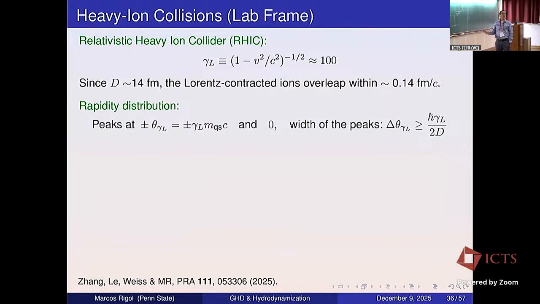And we can bound the width because we know the size, right? So we can use the uncertainty principle and say the size in position space-time, the uncertainty should be greater or equal to h bar over 2, right? D over gamma is the size. So we can bound this. That's all I'm going to put in the calculation.